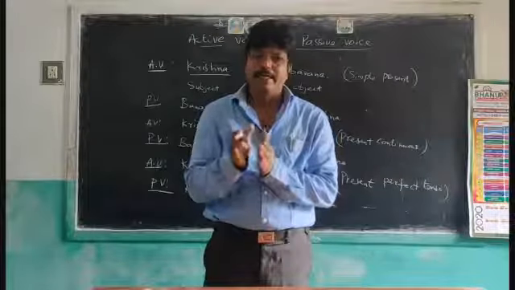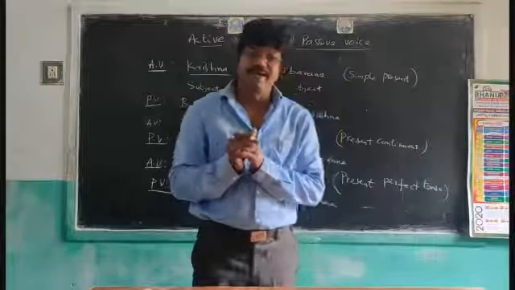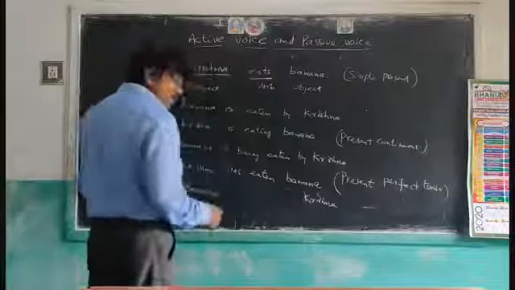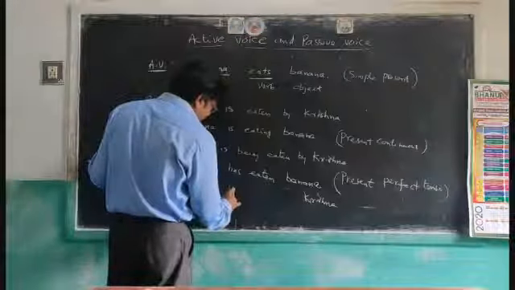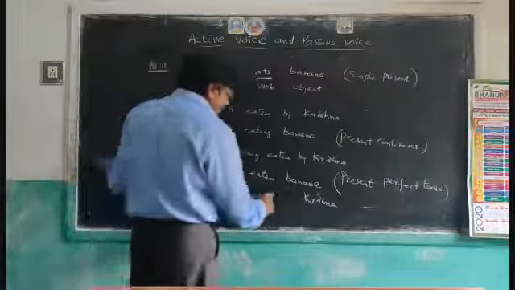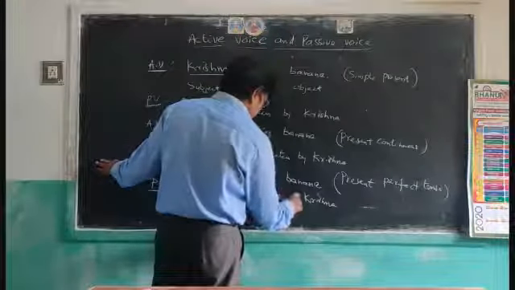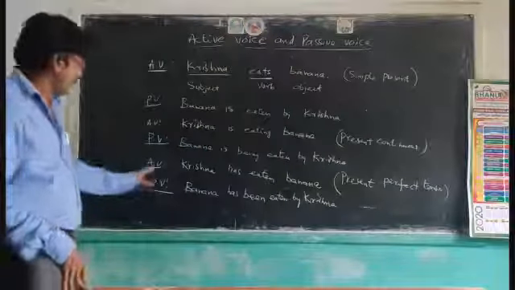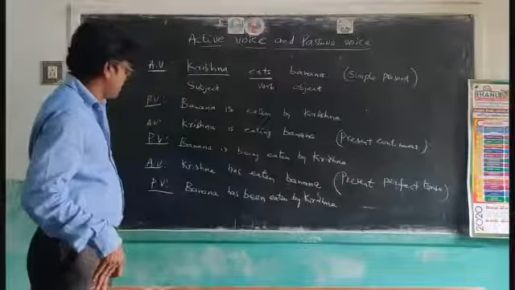Already I gave you a tabular form. We use the be form been. Banana is also singular, so we use has. Banana has been eaten by Krishna. Krishna has eaten banana. Banana has been eaten by Krishna.